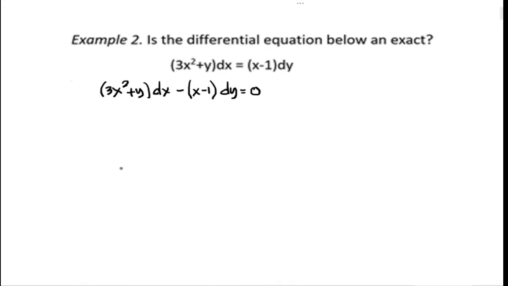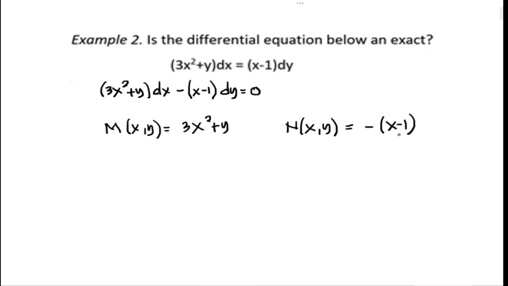In this case, our M is now the expression in the dx term, that is 3x squared plus y. Then our N is negative x minus 1.